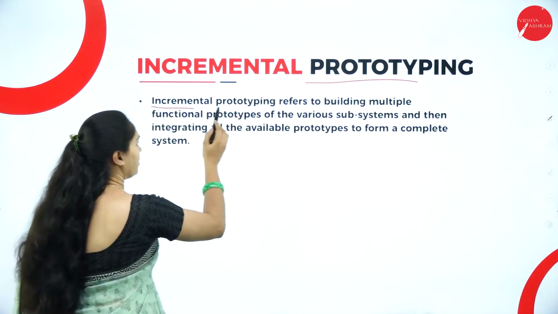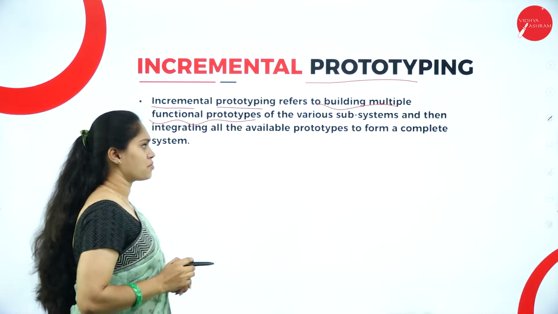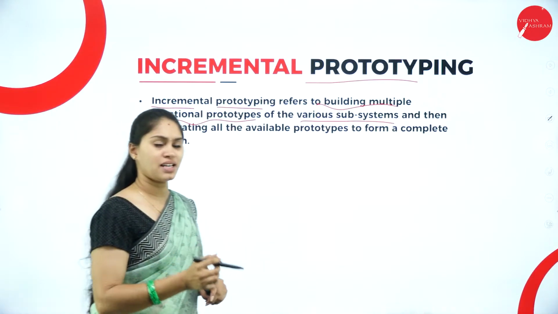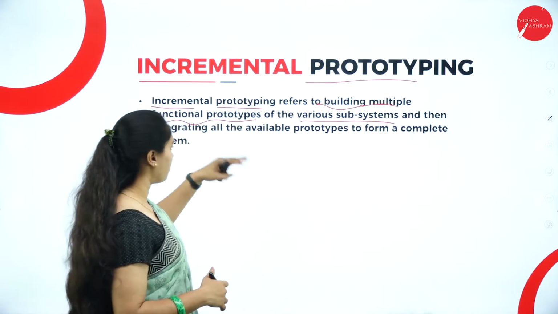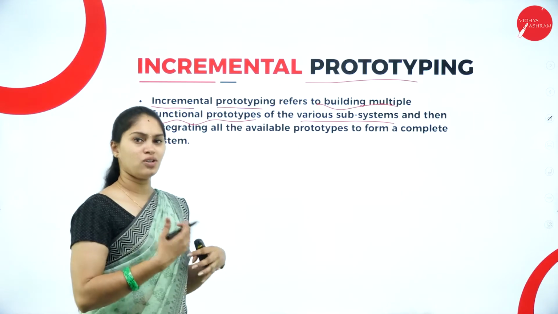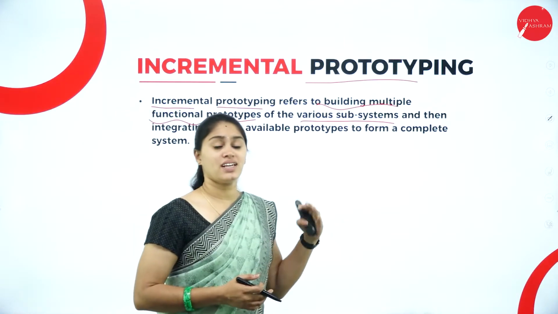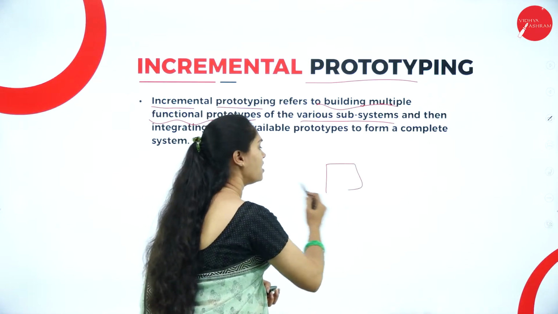In incremental prototyping, we are building multiple functional prototypes of the various subsystems. Here they are not focusing only on a particular requirement to be satisfied. Instead, they build multiple prototypes for the various subsystems. They are not considering the problem as a single task.